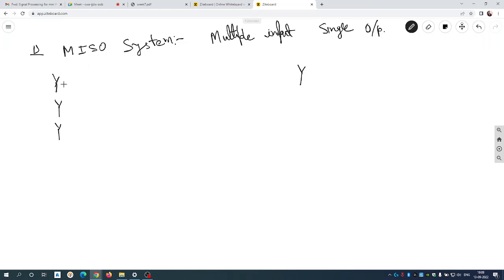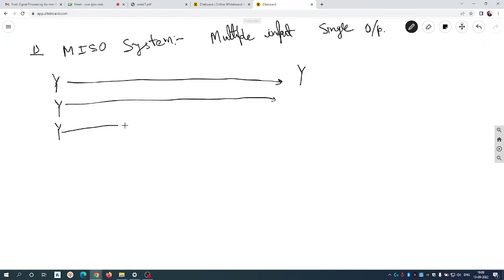So if we do some sort of transmission from these antennas, the first beam is going like this, the second beam is going like this, and the third beam is also going like this for this single antenna.